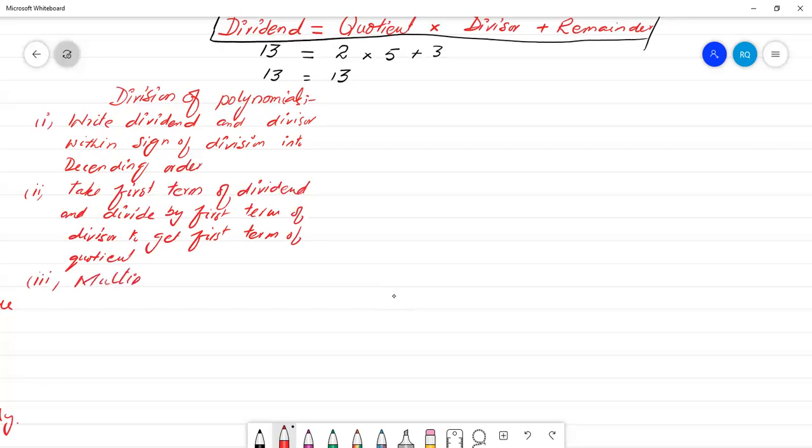Multiply quotient by divisor and write like terms under the like terms and subtract.